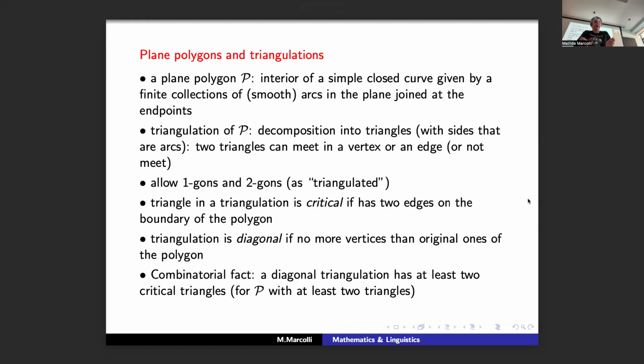You always have some triangles at the boundary, and part of the argument would be to reduce by eliminating those at the boundary and try to simplify this triangulation.